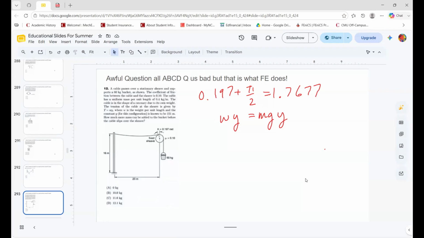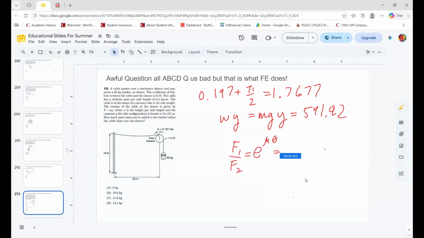Oh wait, that's not 20. It's 151, which means this is 591.92 for my calculation. We also need F1 divided by F2 like last time, which is equal to e to the mu theta.